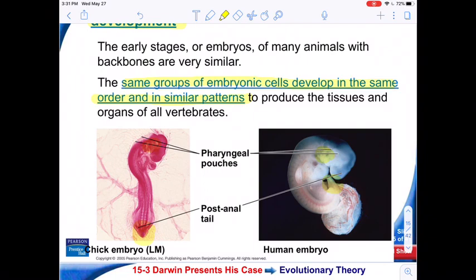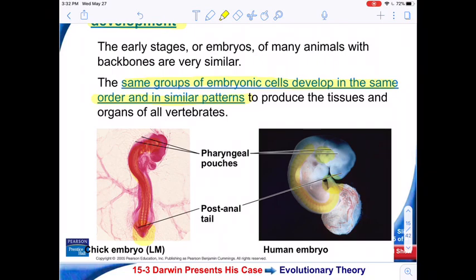But they also have, see, the backbone here is very similar in shape and structure as well in early development, which means that the human embryo and the chicken embryo have a very recent common ancestor.